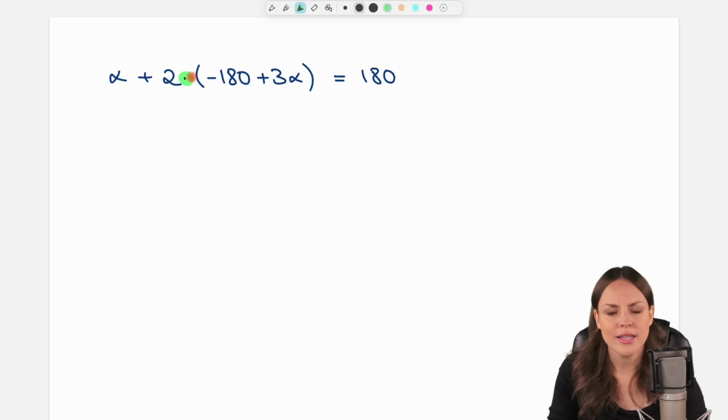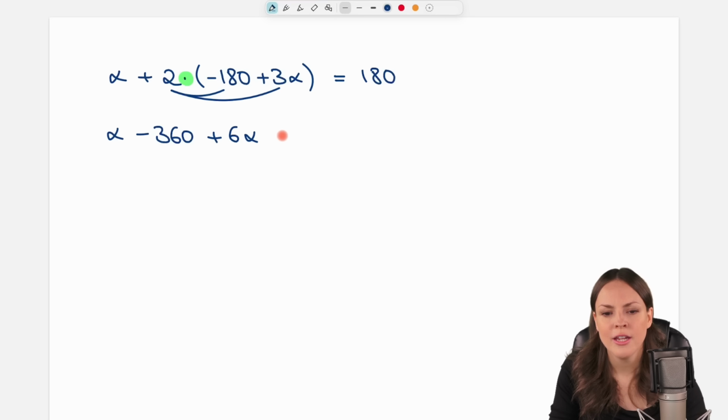Maybe let's get rid of these parentheses here first by multiplying each element in here by the 2, so that we have alpha, 2 times -180 equals -360, and 2 times 3 alpha is 6 alpha. On the other side, we have the 180. Okay, to solve for alpha, we have an alpha here and 6 alpha here, so in total we have 7 alpha.